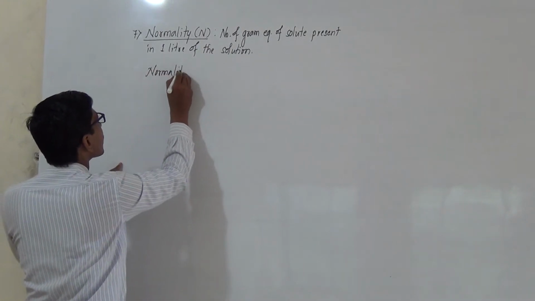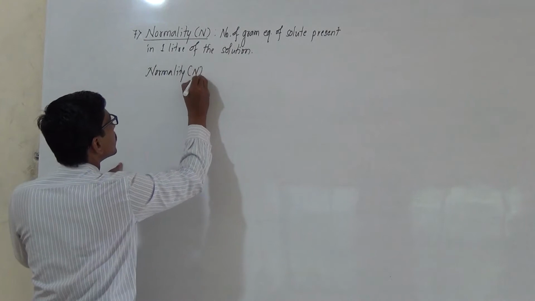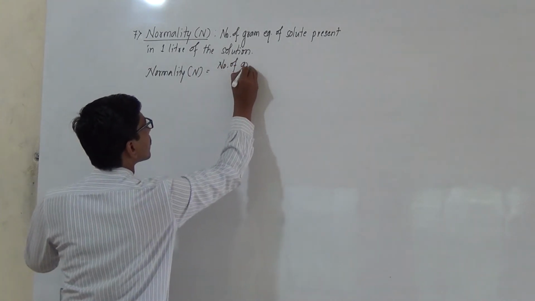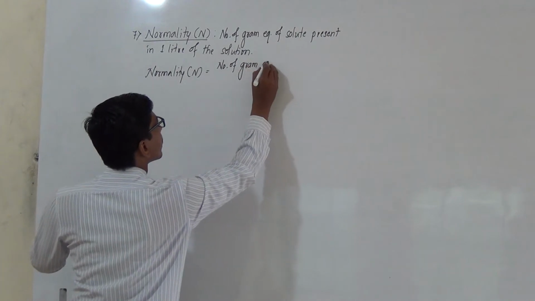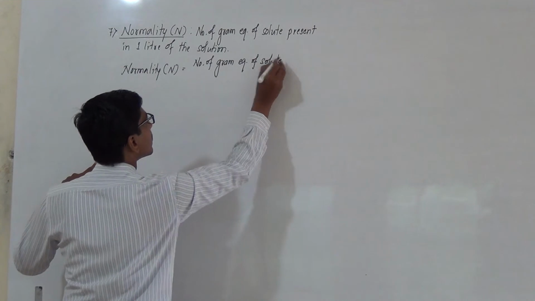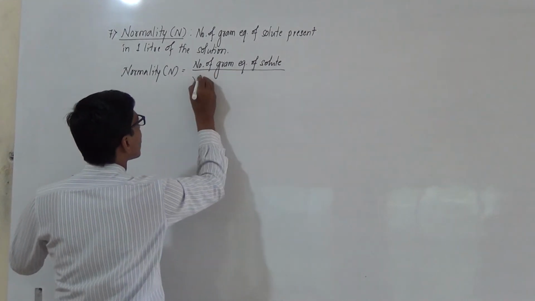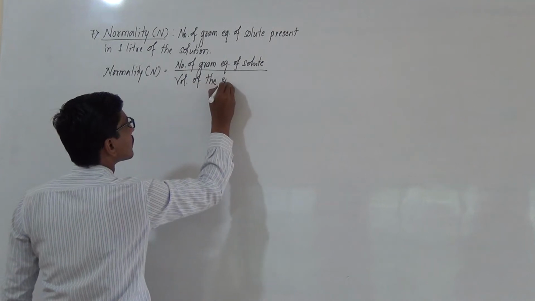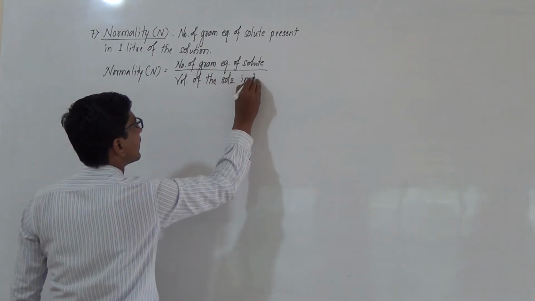Normality N is equal to number of gram equivalents of solute divided by volume of the solution in liter.